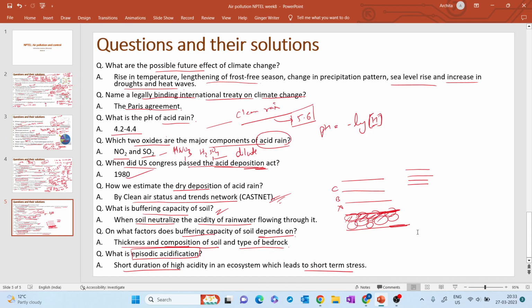For example, acid mine drainage is not an episodic acidification. It's a long term acidification because it's happening continuously. But an event like rainfall in a forest, or rainfall in a polluted region, is a short term or episodic acidification.